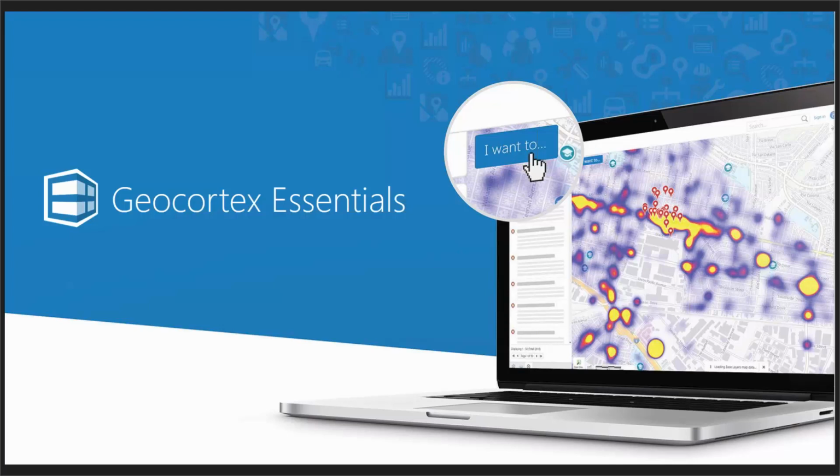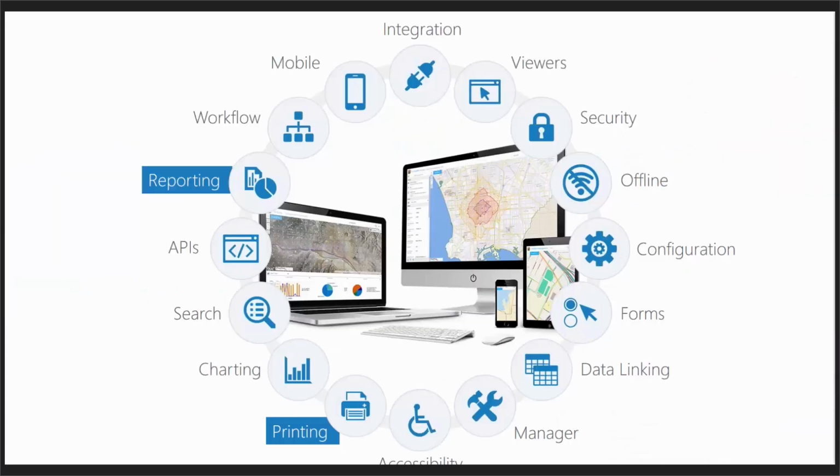While Essentials offers a ton of out-of-the-box tools and features, it is also highly customizable. Today, we're going to look specifically at reporting and printing, but there's lots of other tools that are included with Geocortex Essentials, such as viewers, with plenty of out-of-the-box features, tools, and widgets that can be customized according to your requirements.